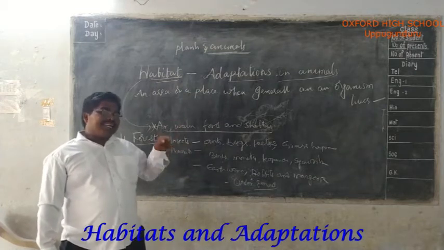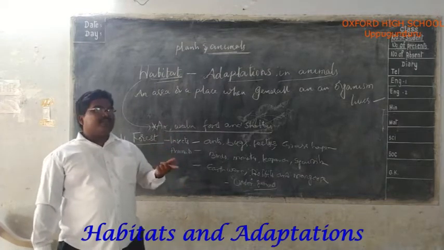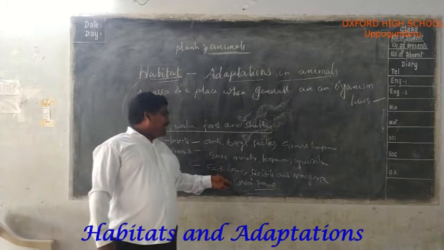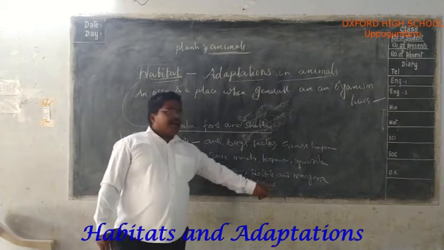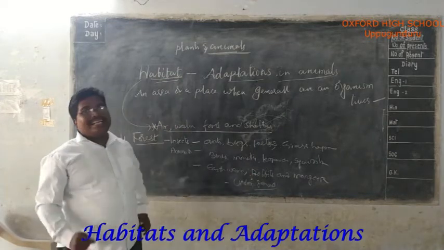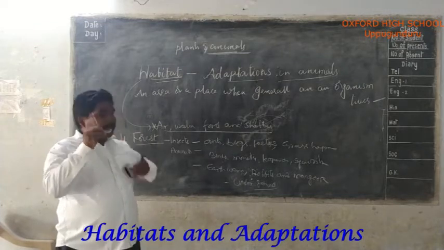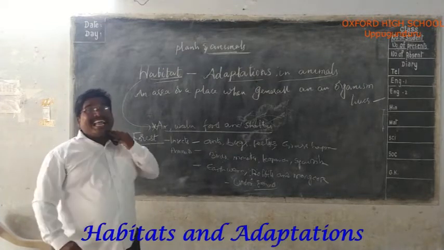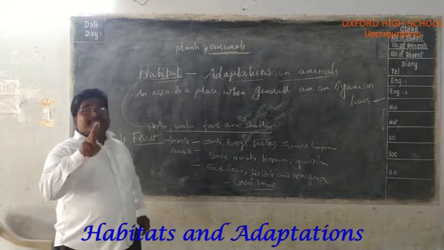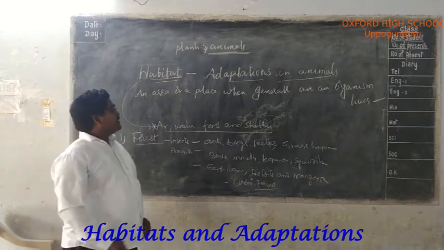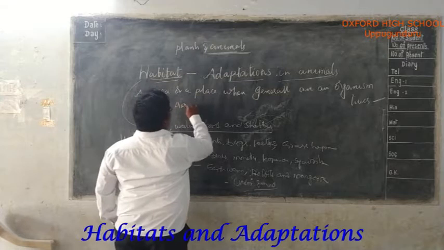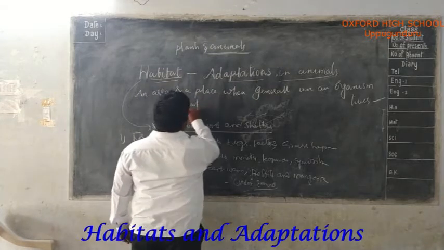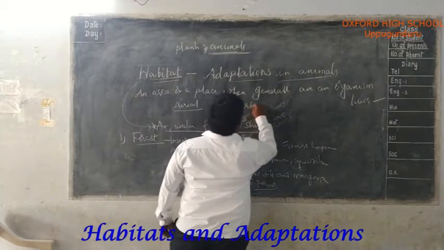And lions, tigers, they live in the caves. And other animals like earthworm, rabbit and mongoose, they live underground. On the basis of where an animal lives, it is divided into two types of animals. Aerial animals, arboreal animals.